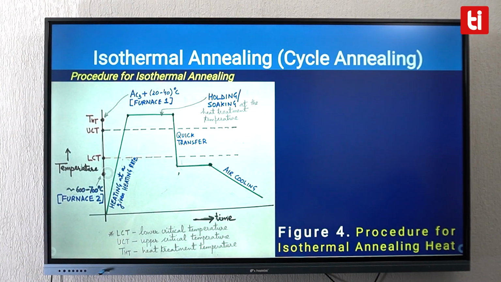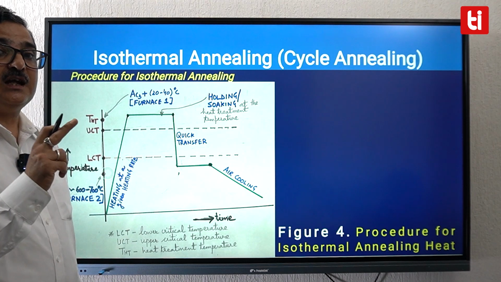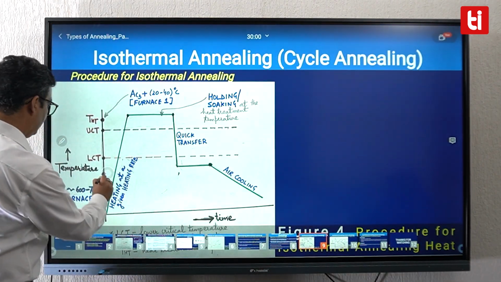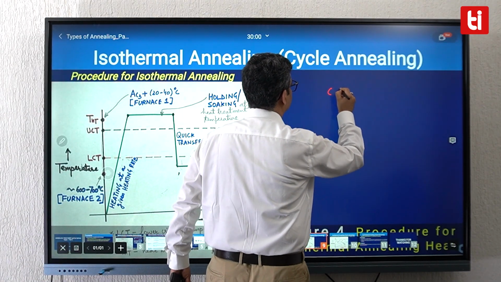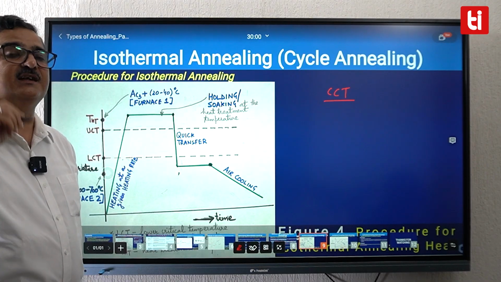See students, this is the time temperature diagram. This is one of those processes whose processing can be shown on the TTT diagram. Otherwise, for most of the heat treatment processes, representation of heating, holding, cooling is done on the CCT diagram.